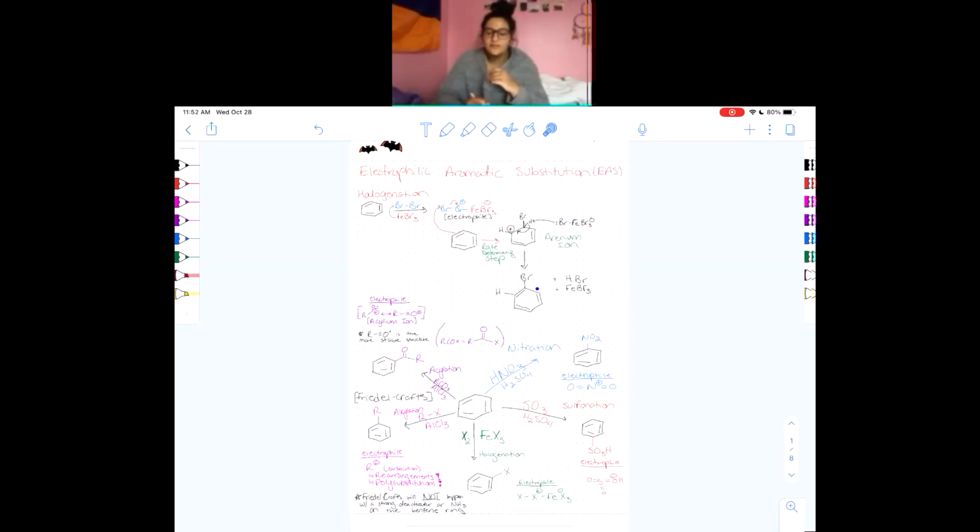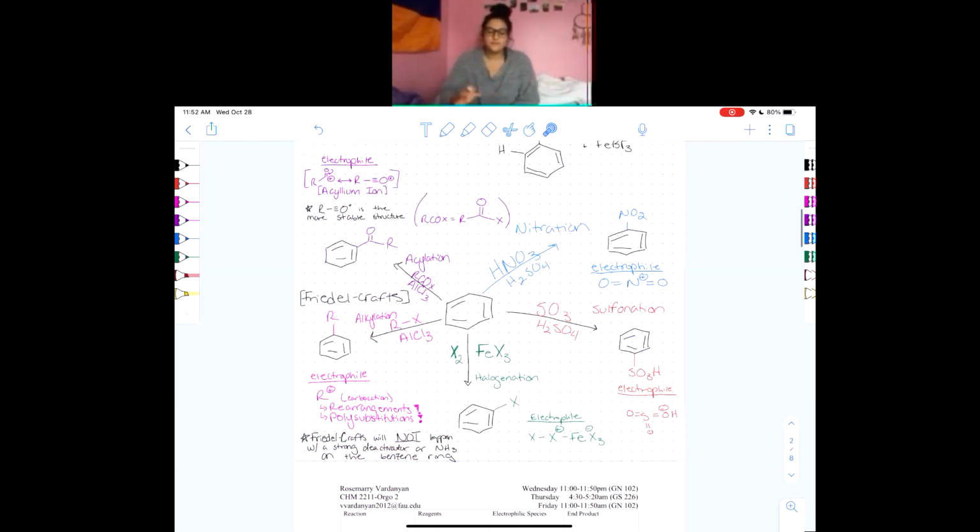And then we have to go through an elimination and get rid of the hydrogen in order to get back aromaticity. And then for each of these 5 reactions, all you really have to know is the reactants and the final products, and just have an idea of what the electrophile is. And that's pretty much it.